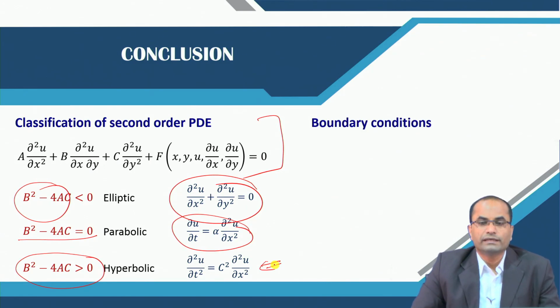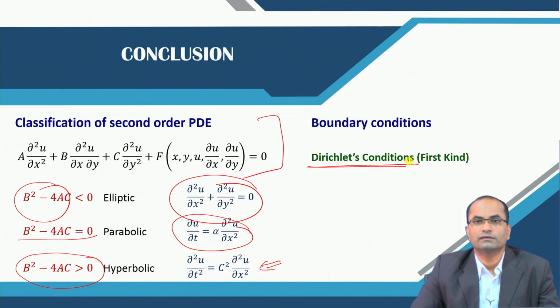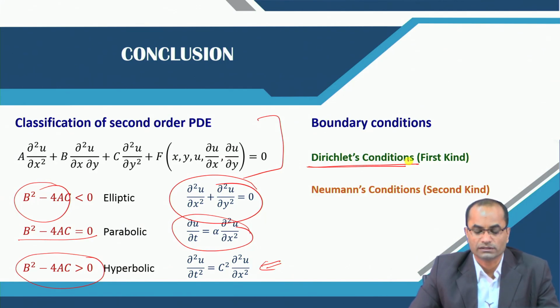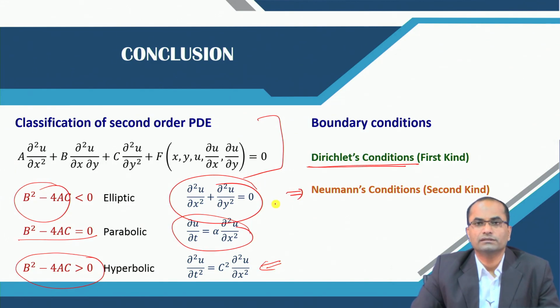We have discussed various boundary conditions. The first one was the Dirichlet boundary condition, where the value of the dependent variable is prescribed directly as a function of the independent variable or a constant. In the second type, the Neumann boundary condition, the derivative information is provided at the boundaries, and it can be a function of the independent variable.